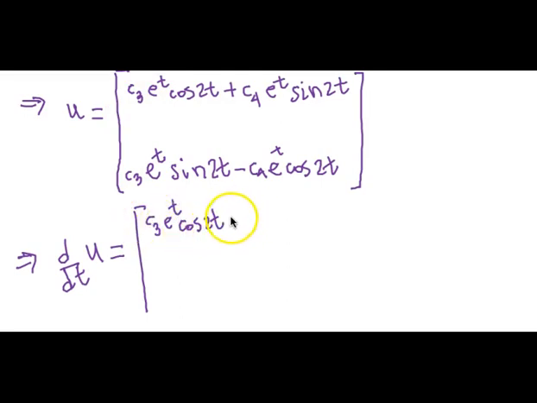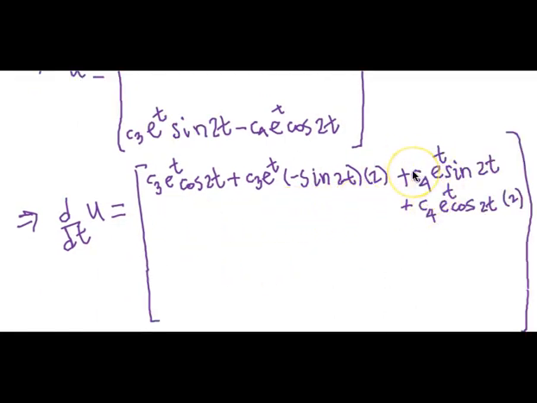You have to use the product rule here, plus C3 e^t, product rule and chain rule at the same time, plus, and then now we have to differentiate this portion that's multiplying the coefficient C sub 4.